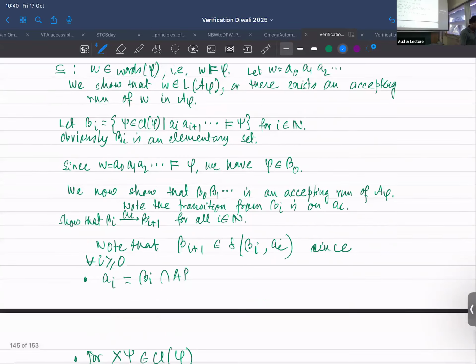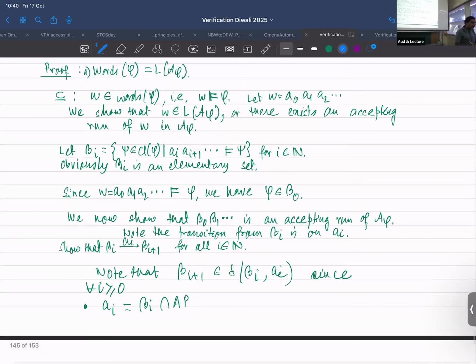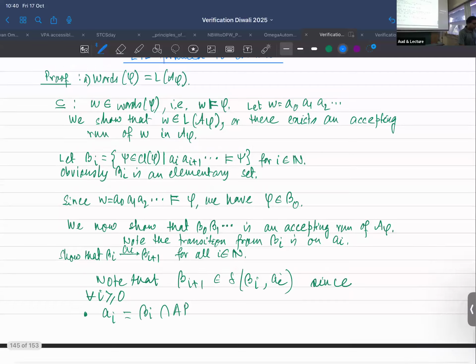Right? So how are we going to prove this? Corresponding to every i, you look at the suffix starting from A i, and you see what are the formulas that appear in the closure that are satisfied by this suffix.